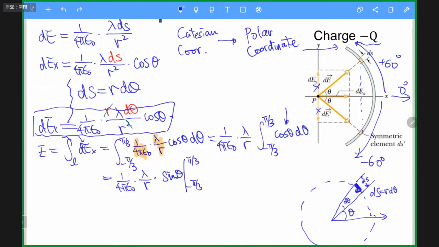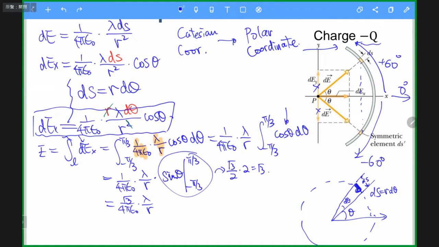Sine of pi over 3 is square root of 3 over 2, and sine is an odd function. So this turns out to be square root of 3 over 2 times 2, which is square root of 3. So it turns out to be 1 over 4 pi epsilon naught times square root of 3, and then times lambda over r.